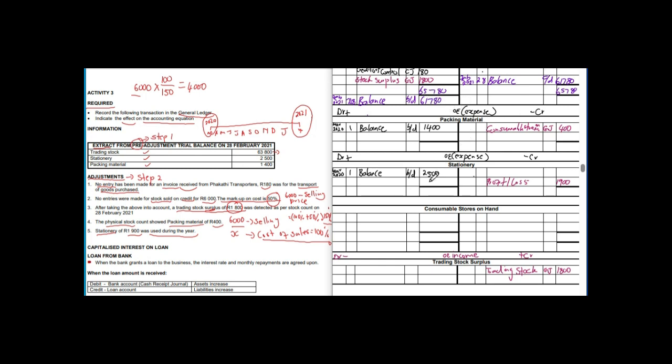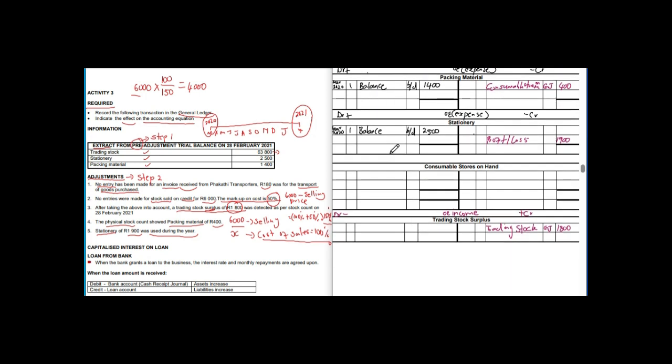And then now we are moving to another account, which is packing material. Same thing, we are looking for the bigger side, and we find out that the bigger side is your debit side, and your credit side is less. We have 1,400, and then what you did on your left must be made on your right, 1,400.